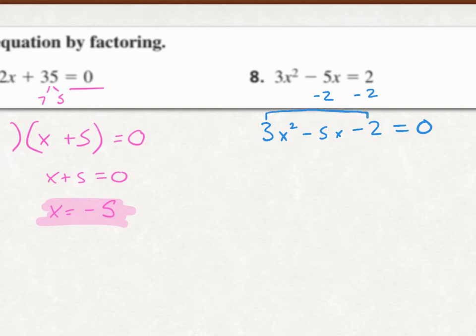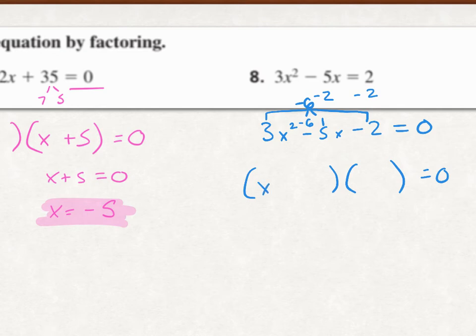So 3 times -2 is -6. Now we need two factors of -6 that add and give us -5. What would they be? -6 and 1. Perfect. So we put those into our parentheses.